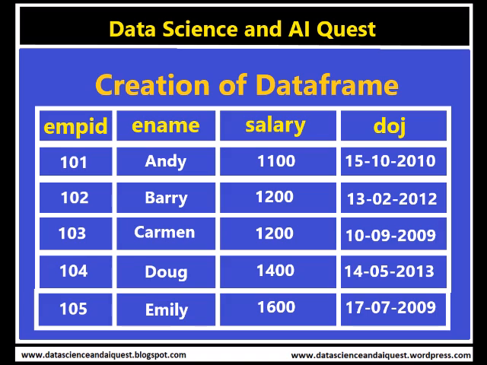So this table or the data frame contains 4 columns, which are employee ID, employee name, employee salary, and the date of joining of the employee. And the 5 rows are respective data about these respective employees.